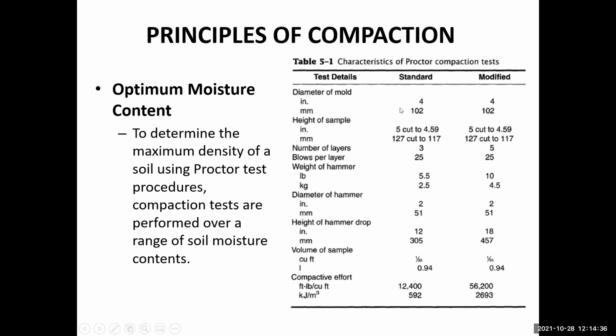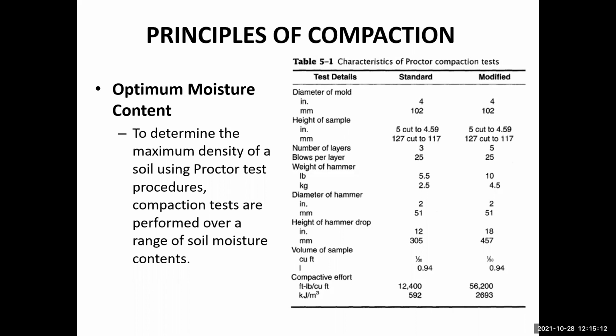In those tests, you compact the soil in different layers. We take a soil sample into a steel container, put in a layer of soil, then apply a specific number of blows with a tamping rod or hammer onto that soil. Those blows are performed by dropping the hammer from a specified height.